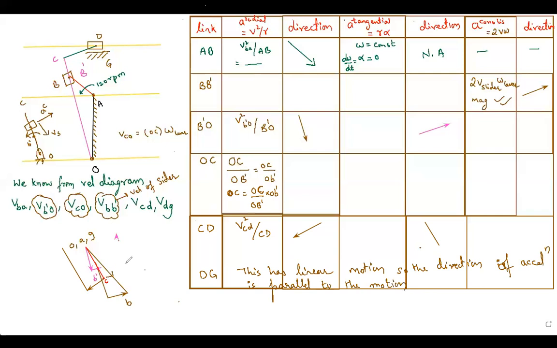Okay, so passing through G, I can just take an arrow passing through G towards the left. So wherever I see this intersecting, that is my point D.